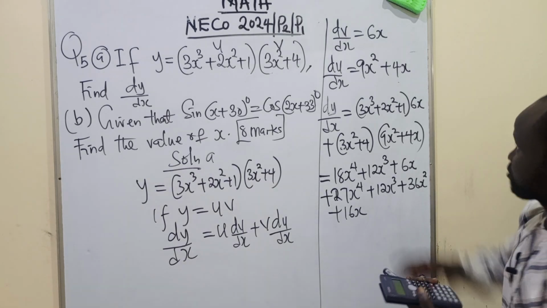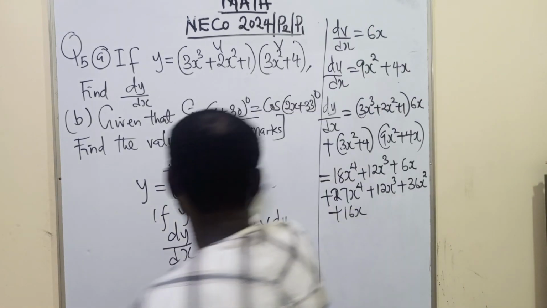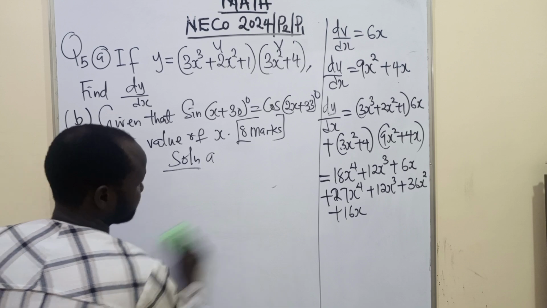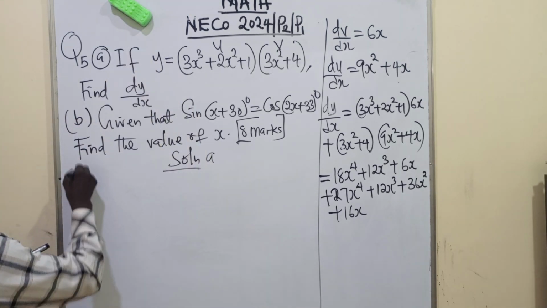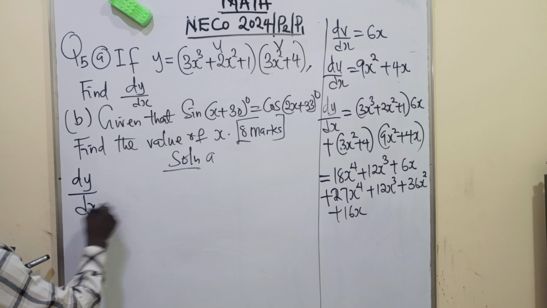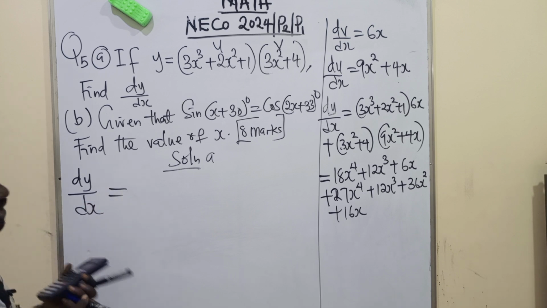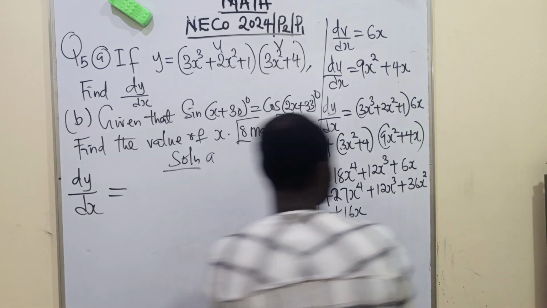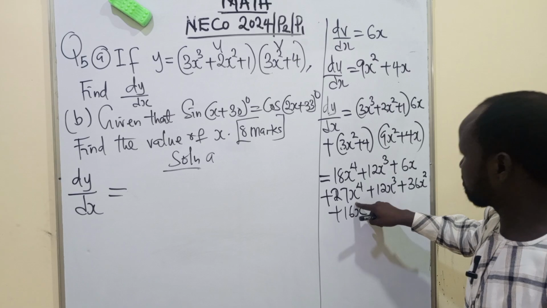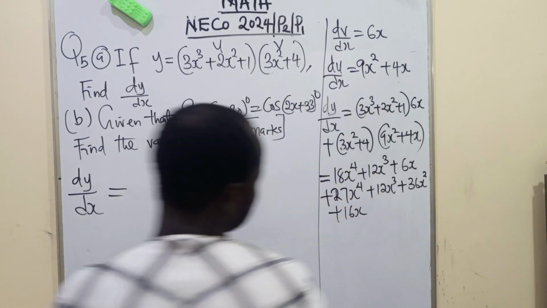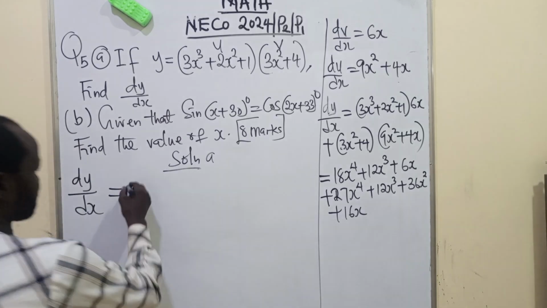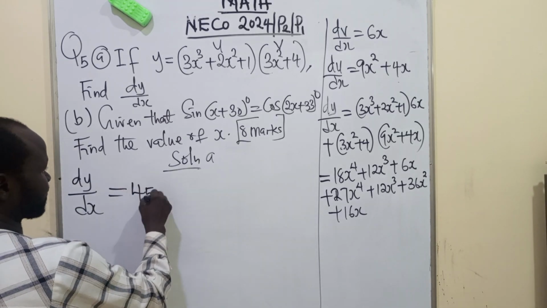Finally, the change in y with respect to the change in x will be, let's add those with the same power. For x power 4, we add 18 plus 27, that will be 45x power 4.